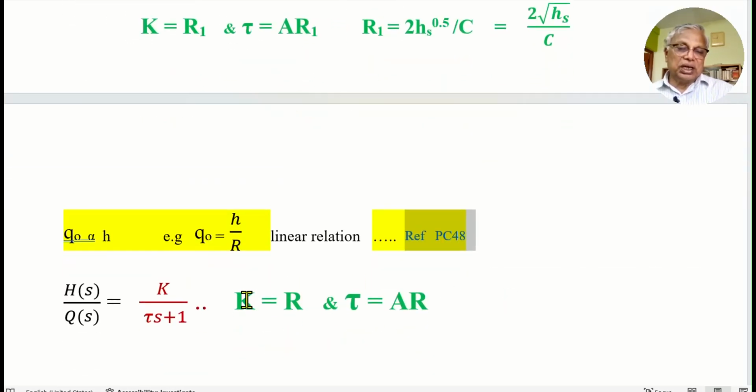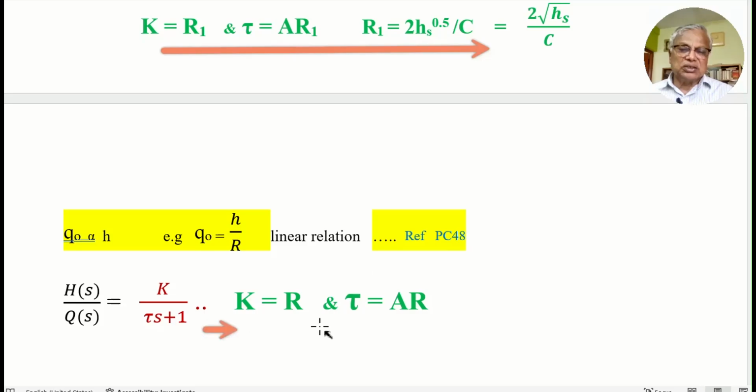So we had found K, that also first order, right? But gain is R and time constant is AR. So if you compare this case and this case, what do you find?